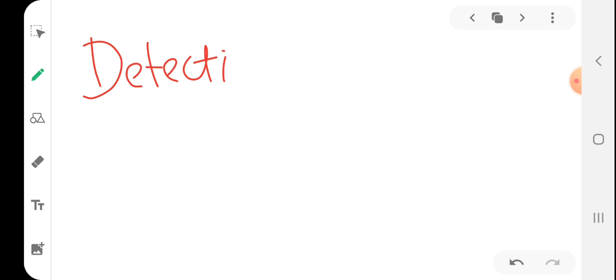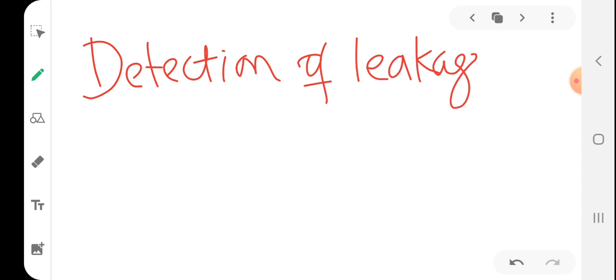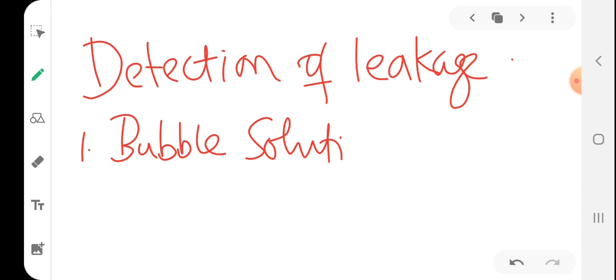So now we will have a look at different methods of detection of leakage. So first one is bubble solution. Here it is the oldest method of leakage detection.